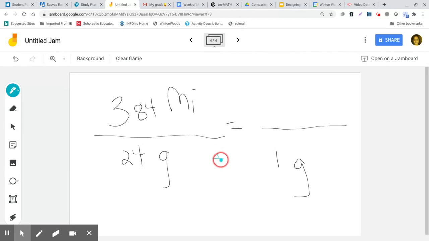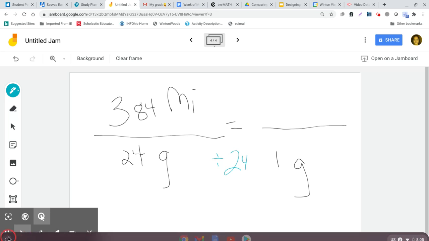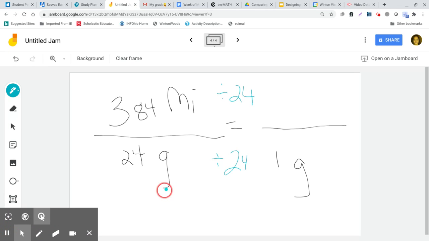The answer is 24. So I must be scaling down by a factor of 24. So whatever I do to the bottom, I also do to the top. So scale down by a factor of 24. I want to divide by 24. So what I need to know is, what is 384 divided by 24?